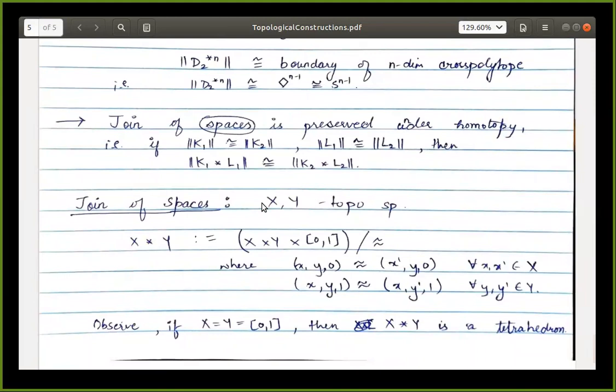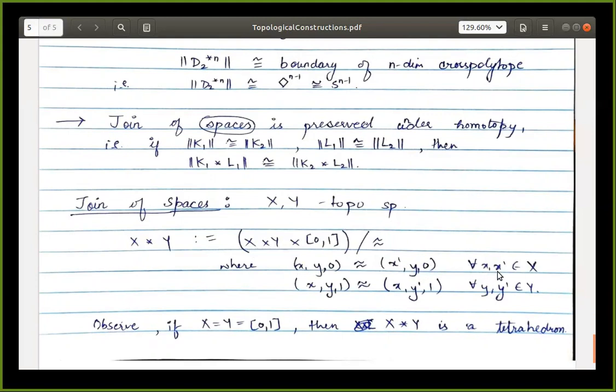So if you have topological spaces X and Y, their join is defined as X cross Y cross the unit interval [0,1], quotiented with the equivalence relation that at the 0th level, you identify all the points of X to one point.